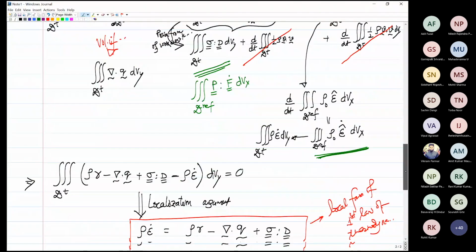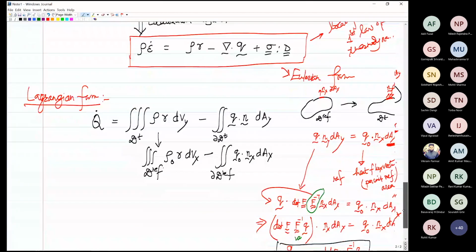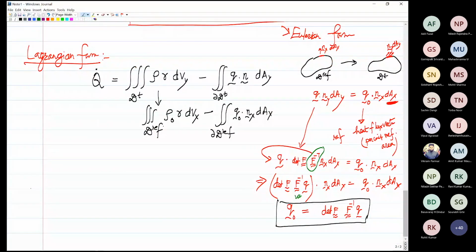So when you put all of them together, you have q dot plus w dot is equal to u dot plus k dot, and finally you use the localization argument. What you will get then is rho naught little r minus the Lagrangian divergence, with an x, dot Q naught.